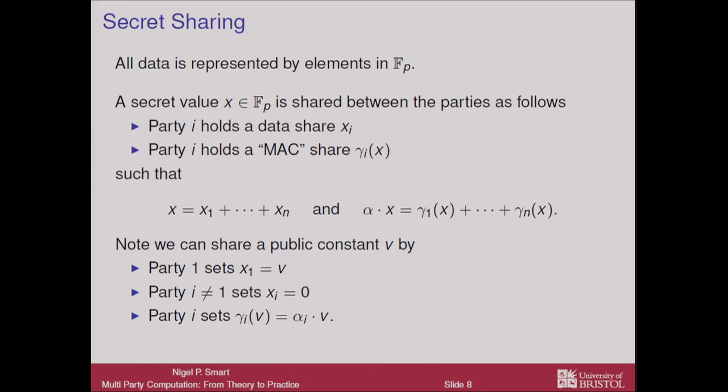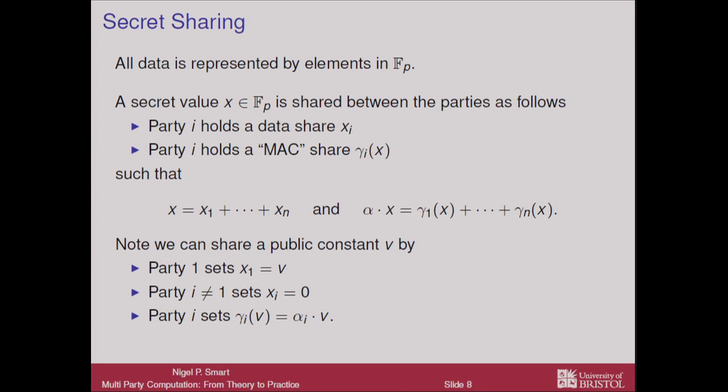And then we're going to secret share the data. Every piece of data item within the computation is shared in roughly the same way. If I have a data value x, everybody has a value xi such that the sum of the xi is equal to x. If there are two parties, I've got x1, you've got x2, and x is x1 plus x2.